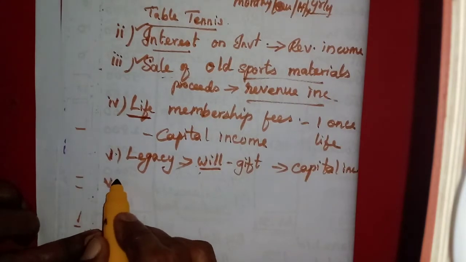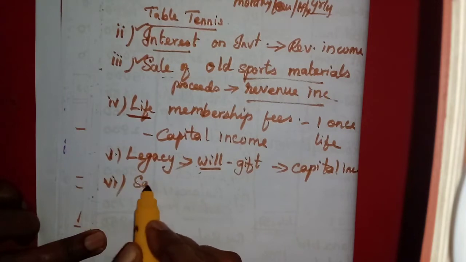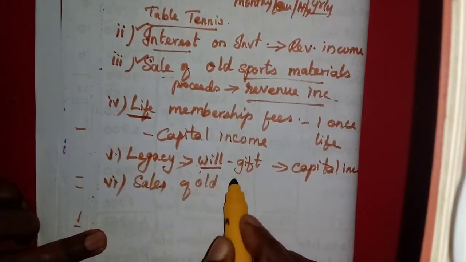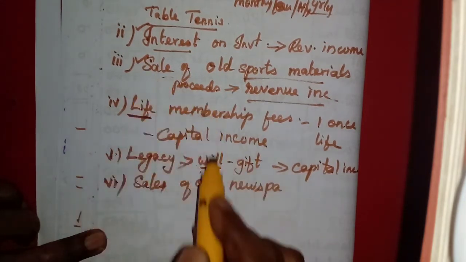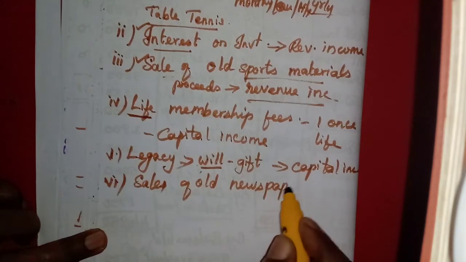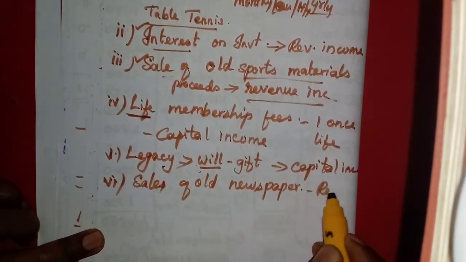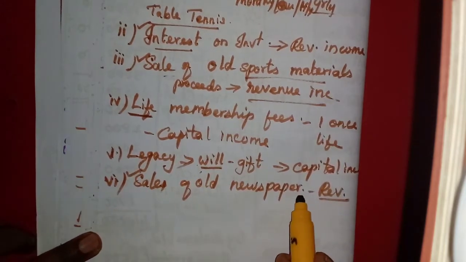Then sale of old newspapers. It should be written here, but I forgot. Sale of old newspaper is also of revenue nature, because we will get a very small amount, isn't it?